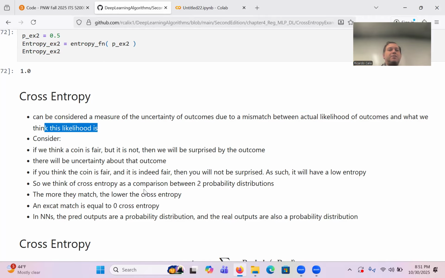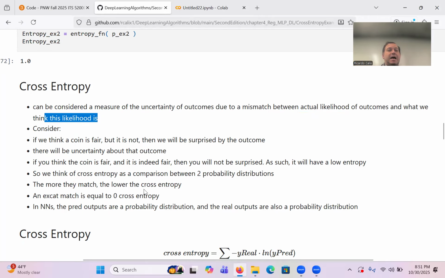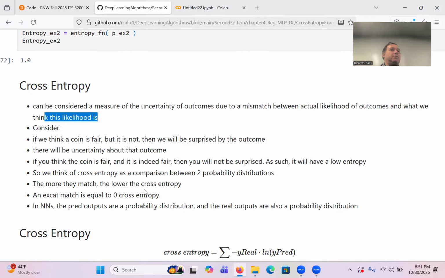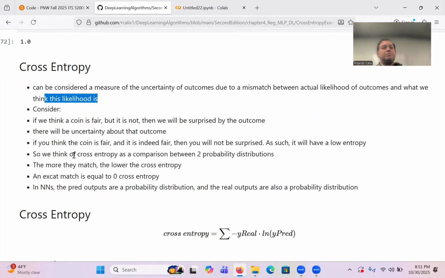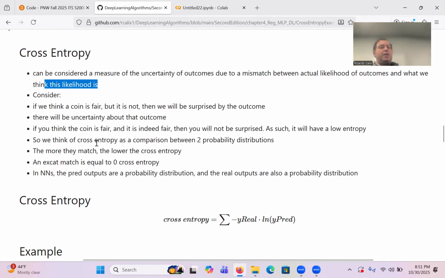If we think a coin is fair, but it is not, then we will be surprised by the outcome. There will be uncertainty about that outcome. If you think the coin is fair, and it is indeed fair, then you will not be surprised. As such, it will have a low entropy. When does this happen?